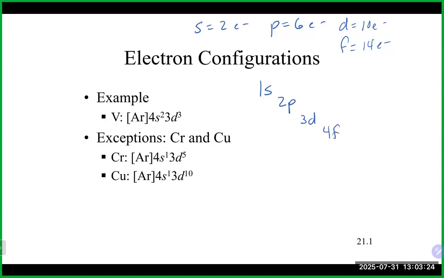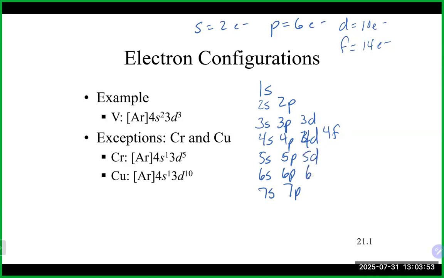And if you just remember that and write them diagonal to each other, you could then just fill in the numbers. 1s, 2s, 3s, 4s, 5s, 6s, 7s, 2p, 3p, 4p, 5p, 6p, 7p, 3d, 4d, 5d, 6d, and 4f, 5f.